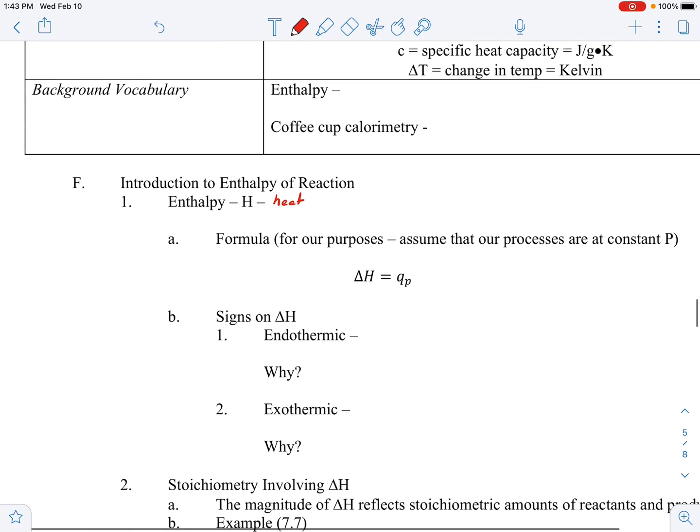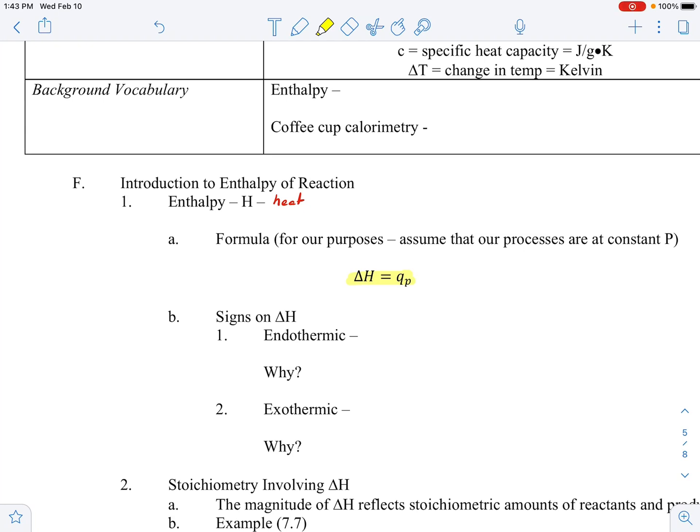Again, for our purposes, we are going to assume that our delta H is equal to our Q, which is heat, at a constant pressure, because for the most part, in this class for sure, all of our processes will be done in atmospheric pressure, which means our pressure is constant.